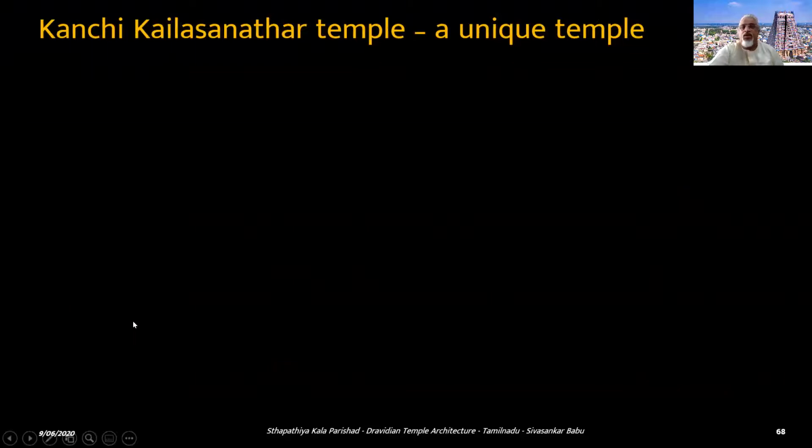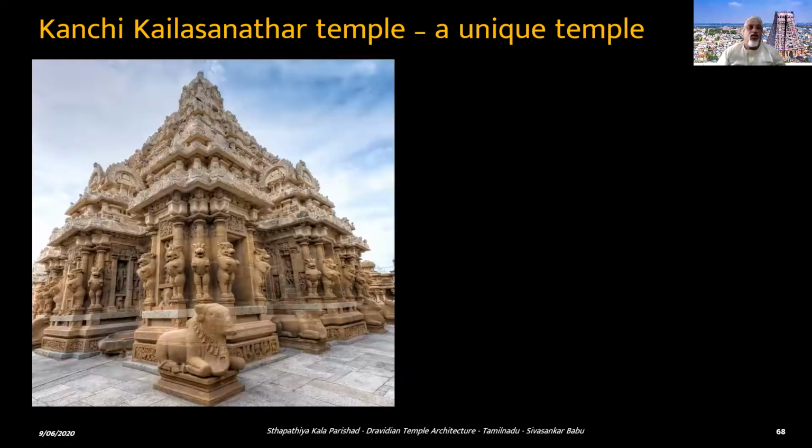The next level is a temple which is unparalleled. We can't build, and we have not seen a temple like this. We won't see a temple like this. The unique one, the Kanchi Kailasanatha temple: the structure, architecture, the sculpture, the design, the inscriptions, it takes them all.